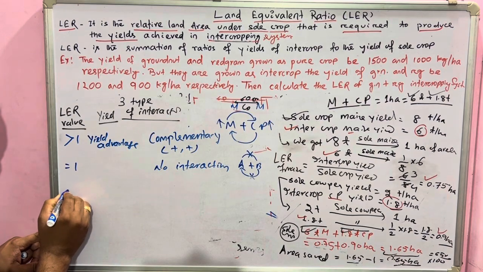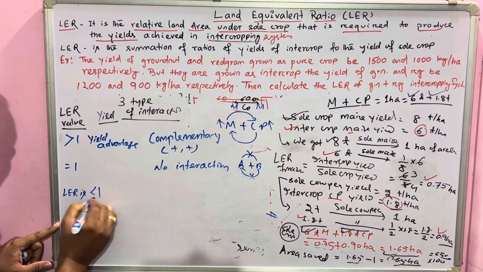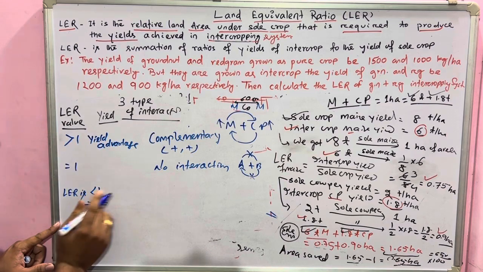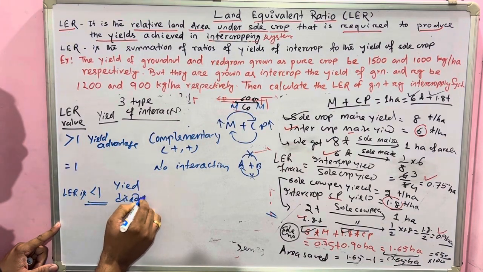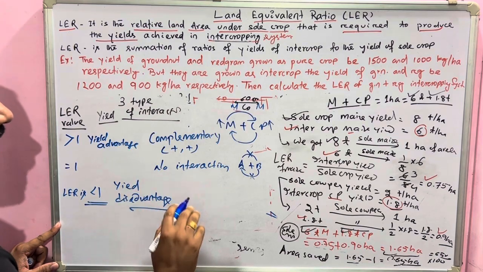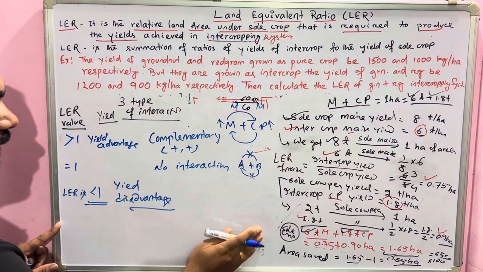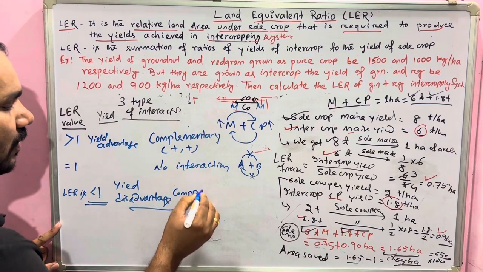Then, if LER value is less than 1, we say it is yield disadvantage. That means one will give a harmful effect over another. Which type of interaction is this?